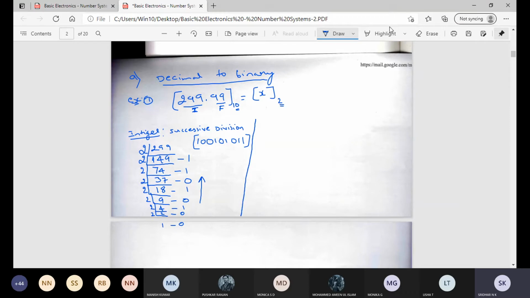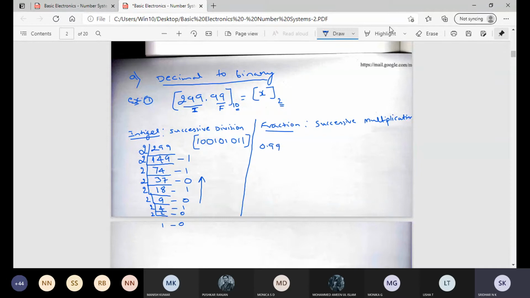Now we'll see the fraction part. For the fraction part, it is successive multiplication. So what is the fraction they have given? It is 0.99, correct?